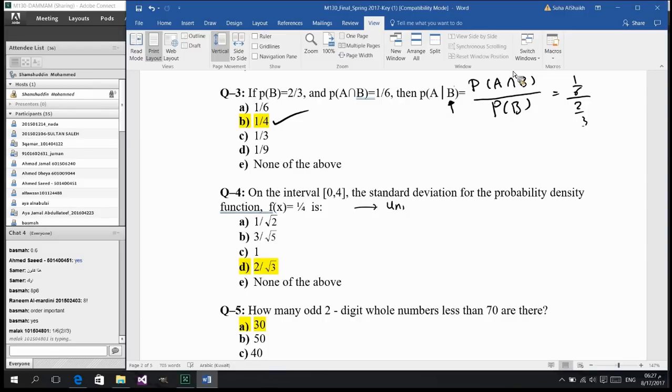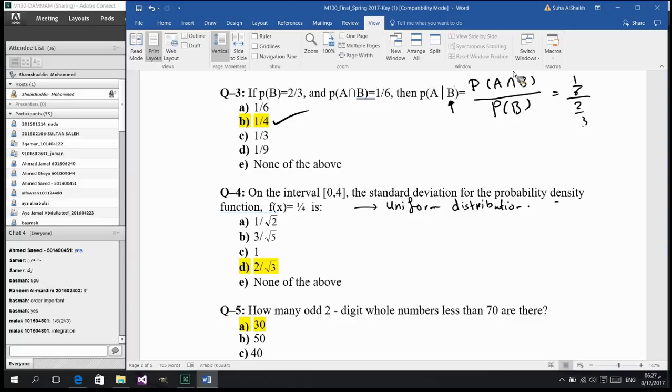This is a uniform distribution. Okay, this is a uniform distribution.